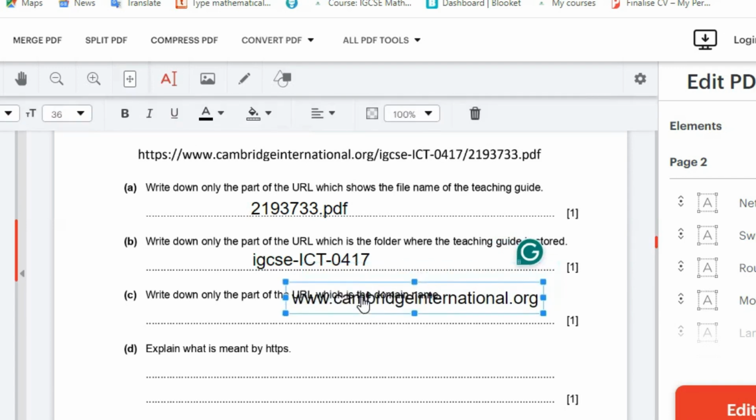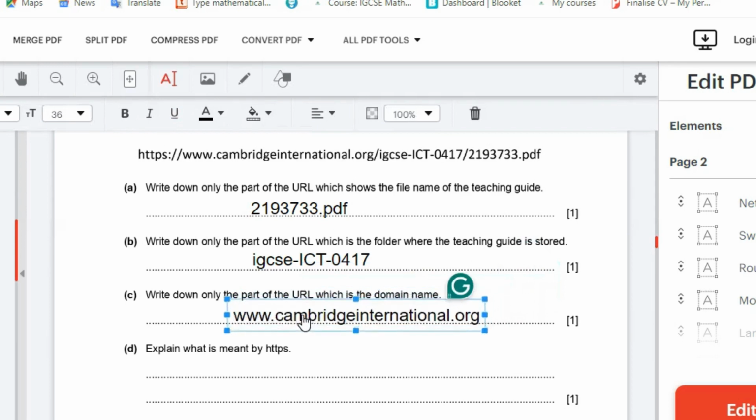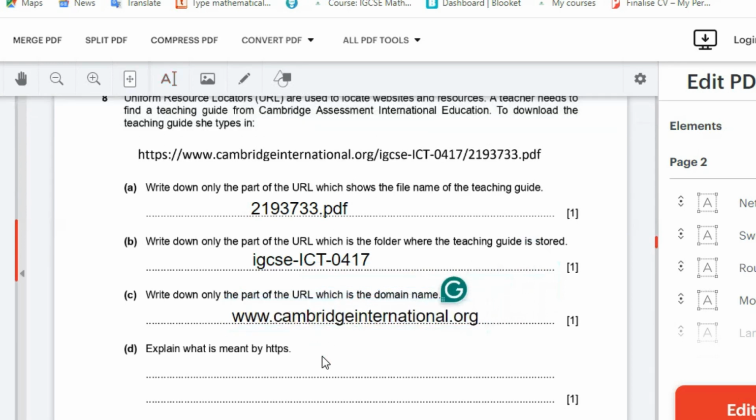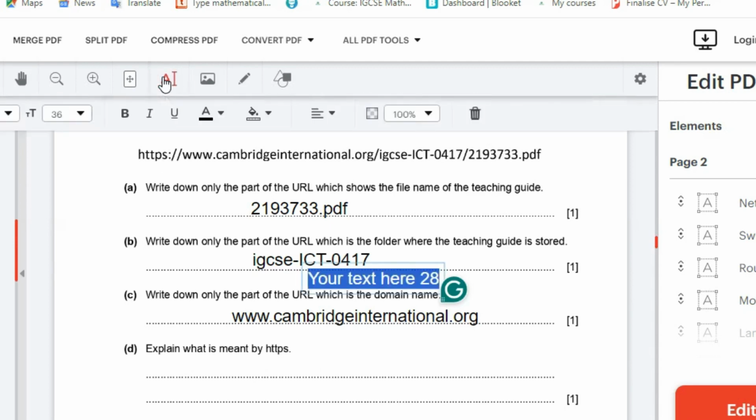Then question number 8D says, explain what is meant by HTTPS. When you see HTTPS in front of any website, it means that the website uses a secure internet protocol.